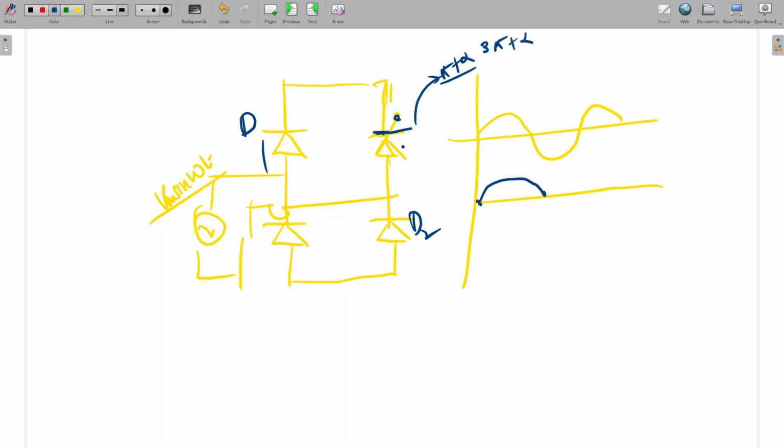Like this it will go. So from here to here what will happen? It will be 0. Again it will be like this. So this will be 0, up to pi plus alpha or 2 pi.